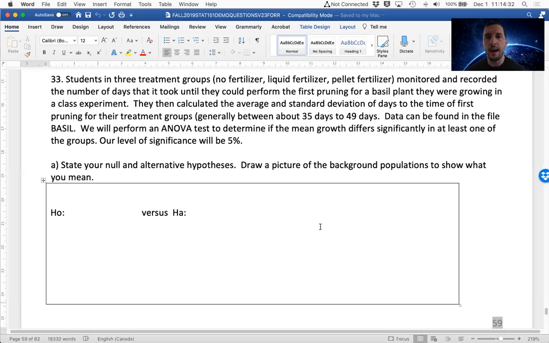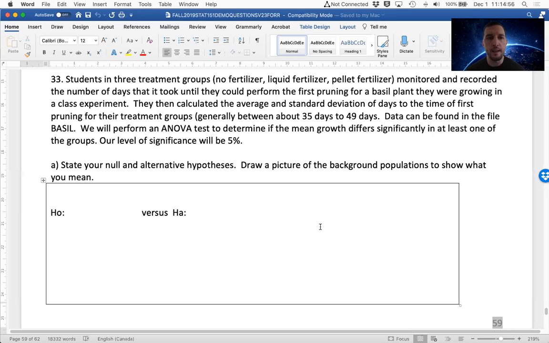Then they calculated the average and standard deviation of days to the time of first pruning for their treatment groups, generally between about 35 days to 49 days. Data can be found in the file basil. We will perform an ANOVA test to determine if the mean growth significantly differs in at least one of the groups. Our significance level will be 5%.